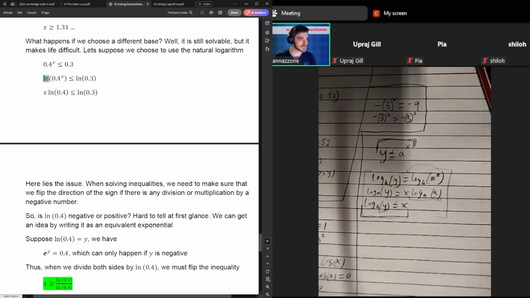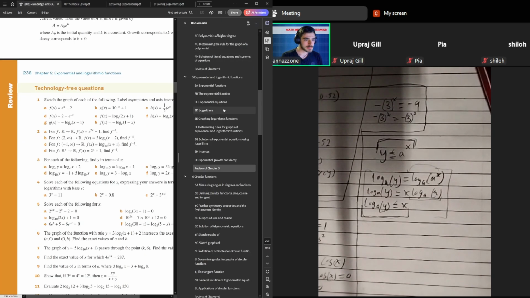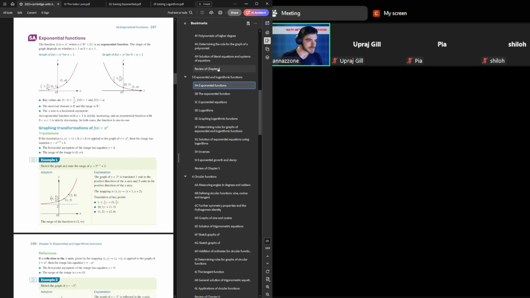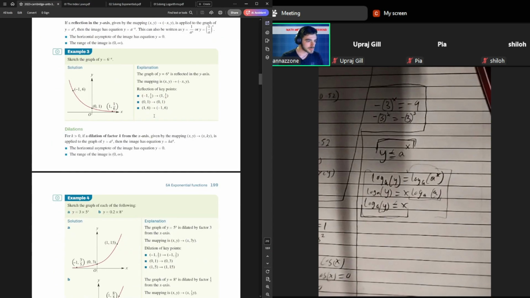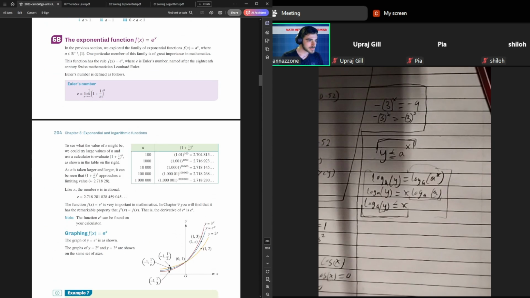Yeah, so this ln stands for natural logarithm. It's the same as saying log base e of something. The reason why that e is bold is because it's a special number in math, kind of like how pi is a special number in math. And if we look at somewhere in the definition, let's see, do they have a definition for it? Surely. Yeah, there you go.